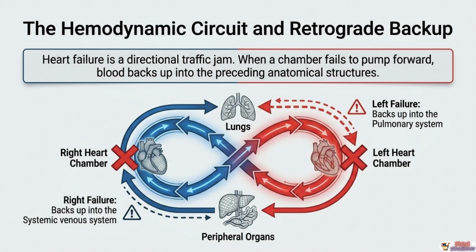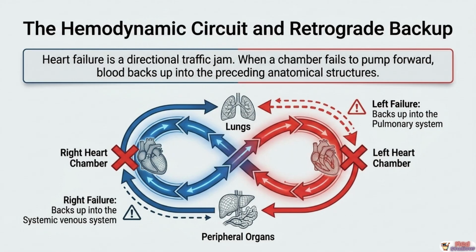When any chamber in this circuit fails to pump forward effectively, the blood that cannot move forward has nowhere to go but backward, backing up into the anatomical structures that feed that chamber. This is called retrograde congestion, and it is the mechanism behind virtually every clinical sign and symptom of heart failure.